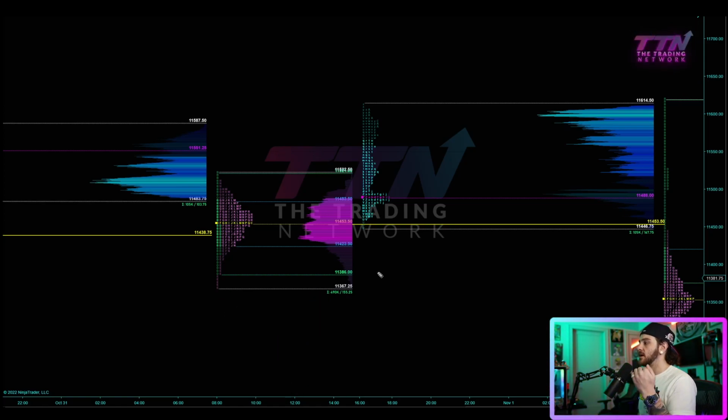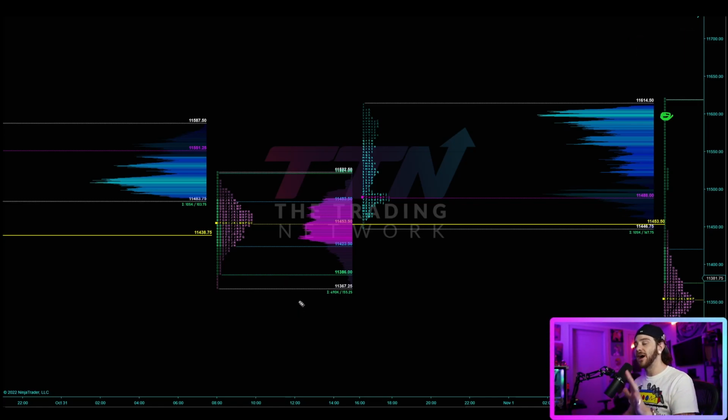So the topic that I want to explain and continue to expand on here is how we can use this relationship between our opening price of our new regular trading hour session compared to our prior regular trading hour session. There are only 5 different positions that we can open in. We can open gap down, that's 1.